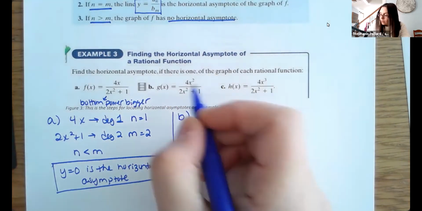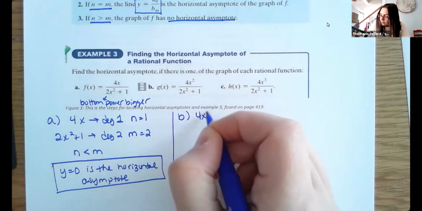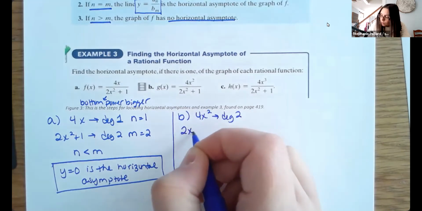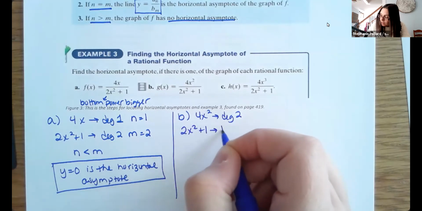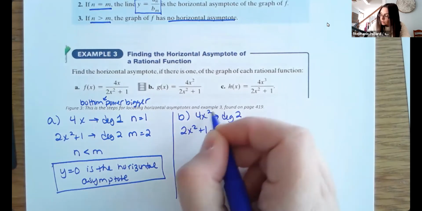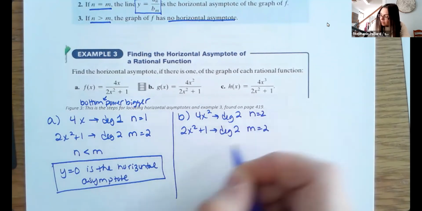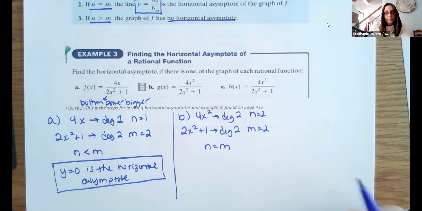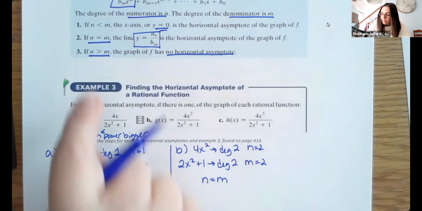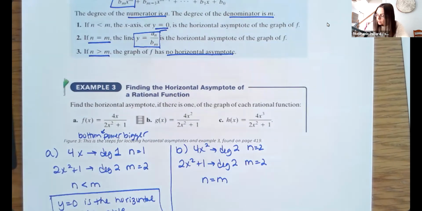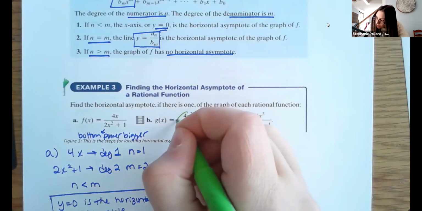Now for the second one, notice that I have 4x squared for the top, so my degree there is 2. And on the bottom, I have 2x squared plus 1, so my degree there is also 2, right? I have squares. So my n equals 2 and my m equals 2. They're the same. When they're the same, we take the ratio of the leading coefficients. Here it's going to be the 4 and the 2.